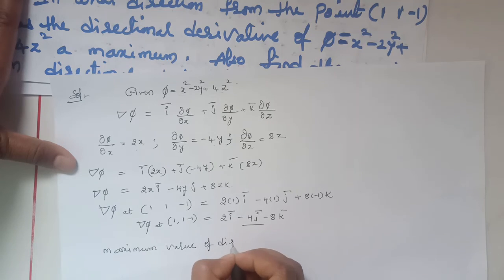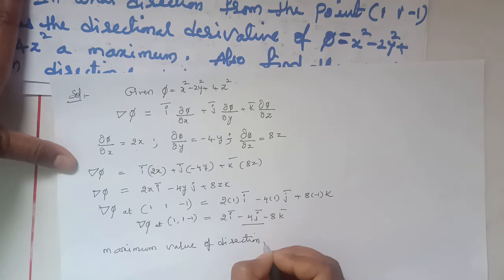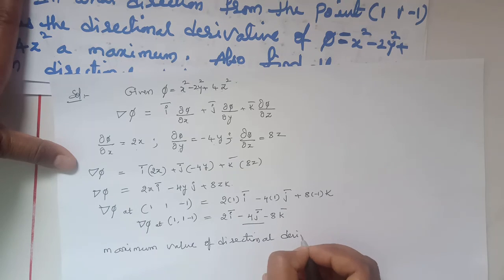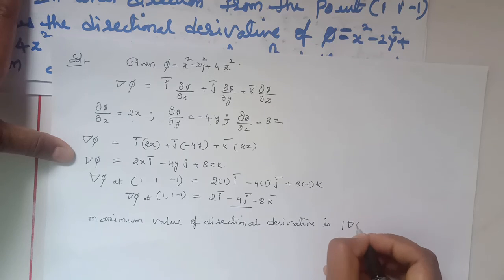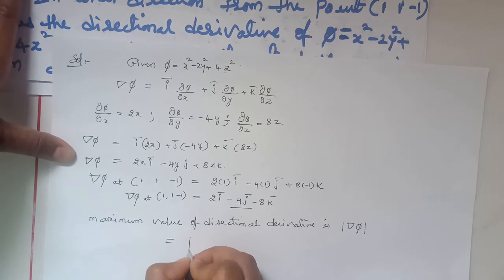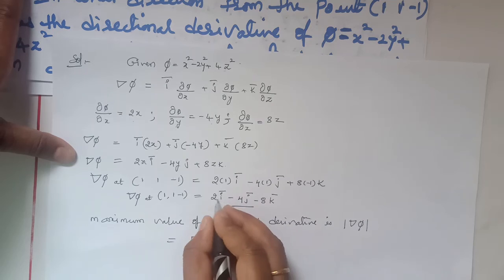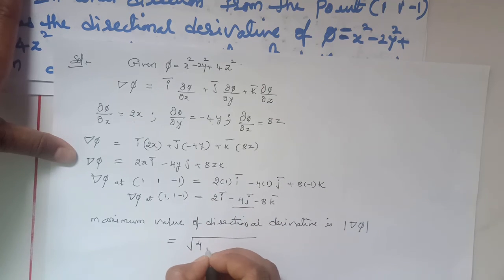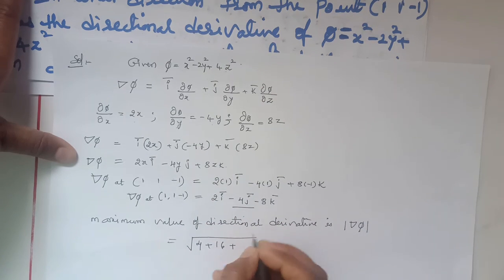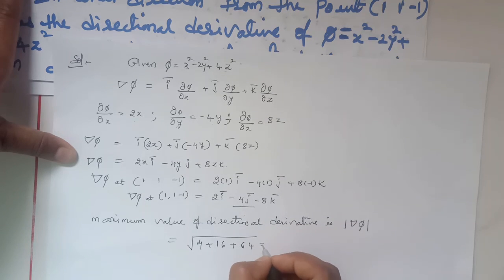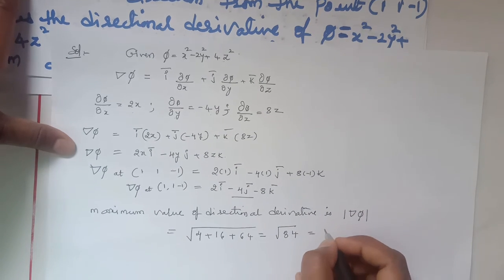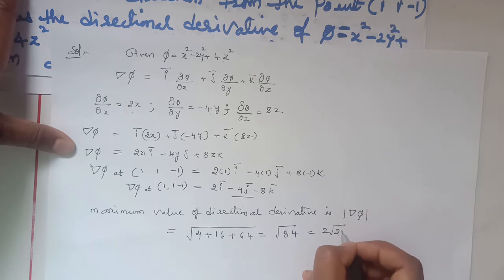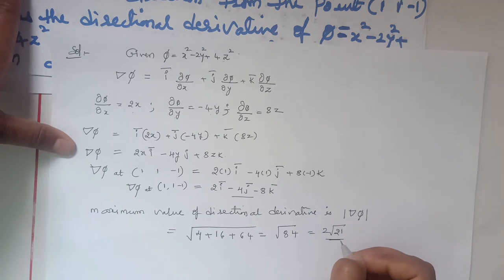So the maximum value of directional derivative is mod del phi. This is equal to under root of 2 square is 4 plus 16 plus 8 square is 64. This is equal to root 84, which is equal to 2 root 21.